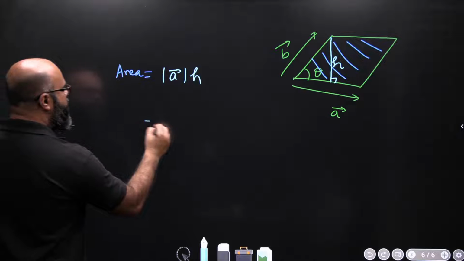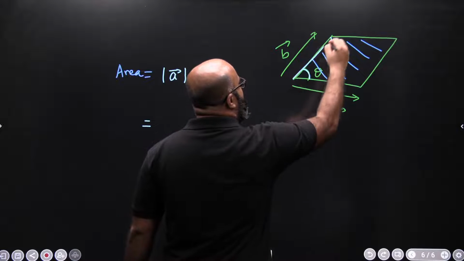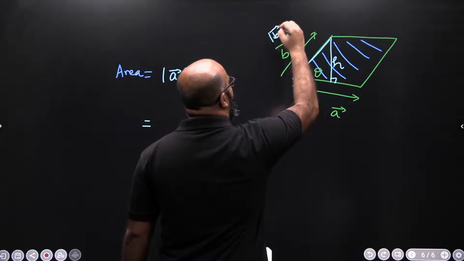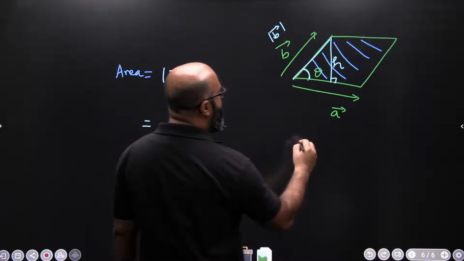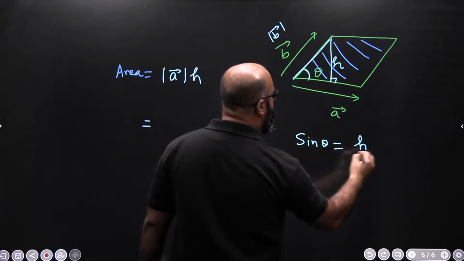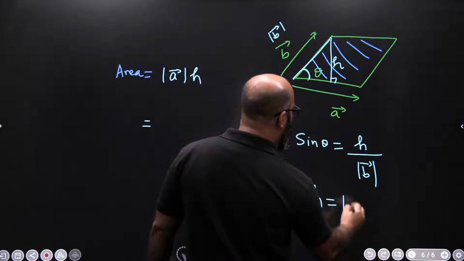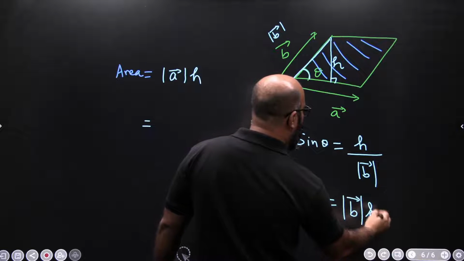Now h is basically, this is theta and this is the B vector, so the length is magnitude of B. So we can say that sine theta is equal to perpendicular upon hypotenuse, that is h upon mod of B, so h is equal to mod of B sine theta.